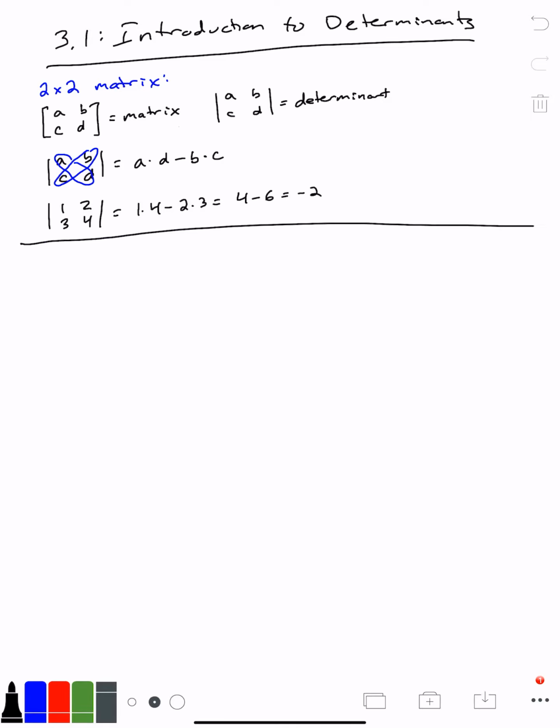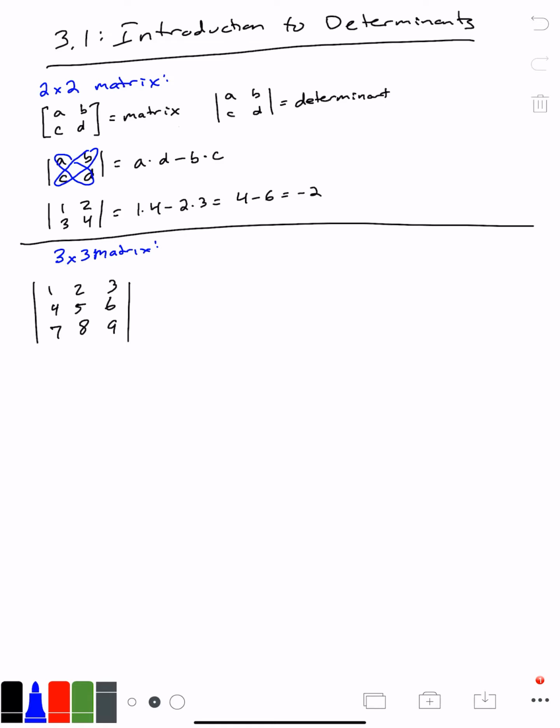However, when we go to larger ones, we're going to have a bigger issue. So let's suppose that I have a 3 by 3 matrix, and I'm going to start with a specific example, the 1, 2, 3, 4, 5, 6, 7, 8, 9 that we've seen in the past. Here's how the process works.